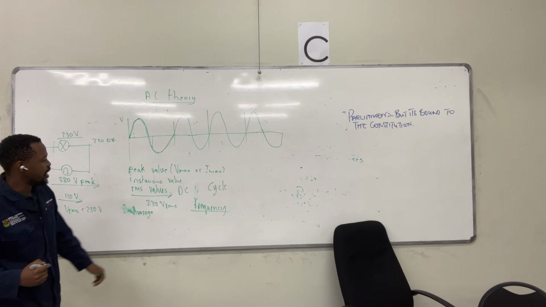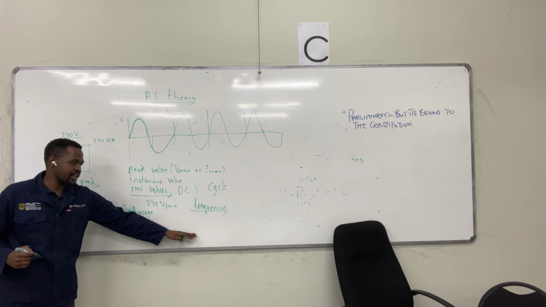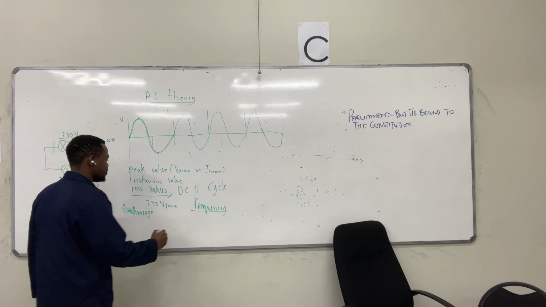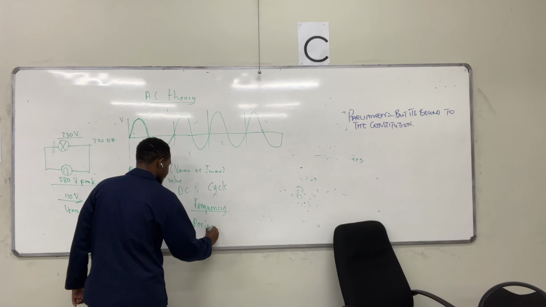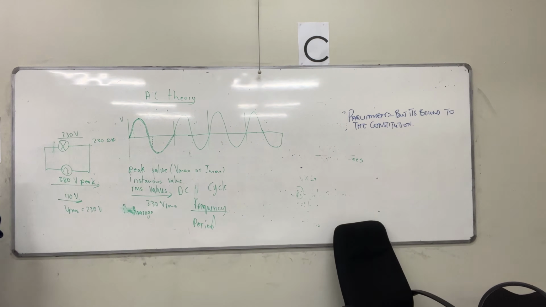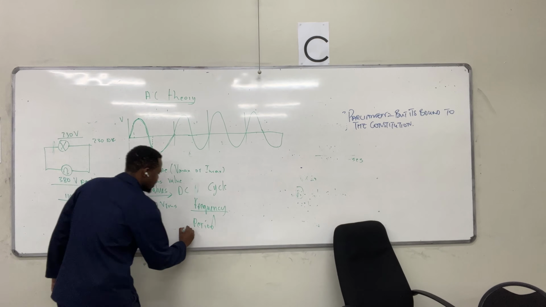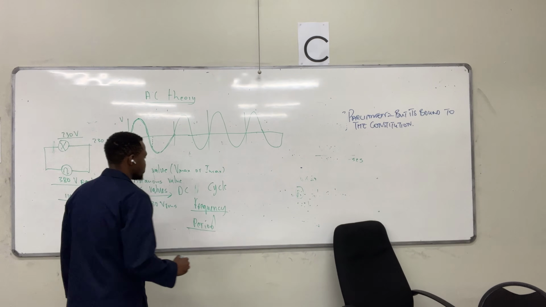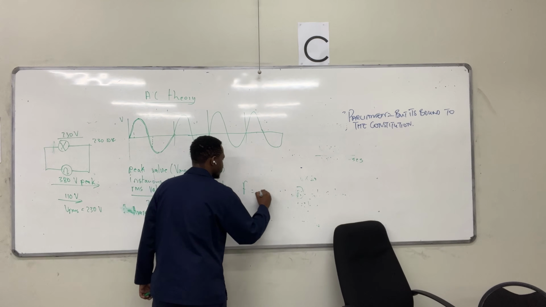Another quantity that is related to frequency is period. Period is the time taken to complete one cycle, and there is an inverse relationship between frequency and period.